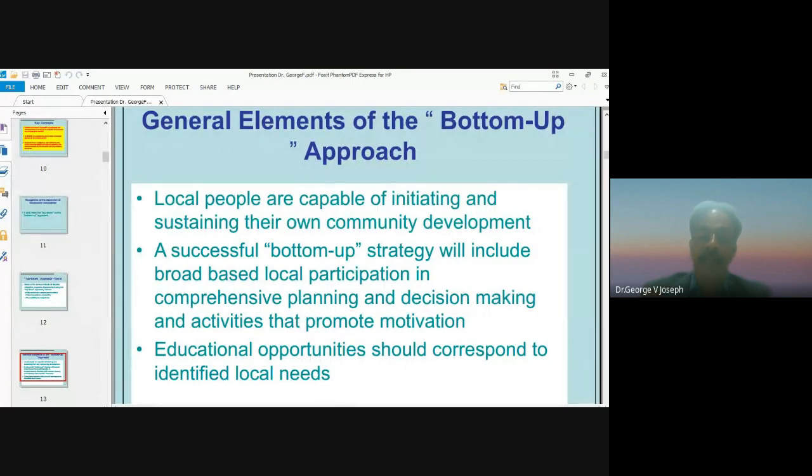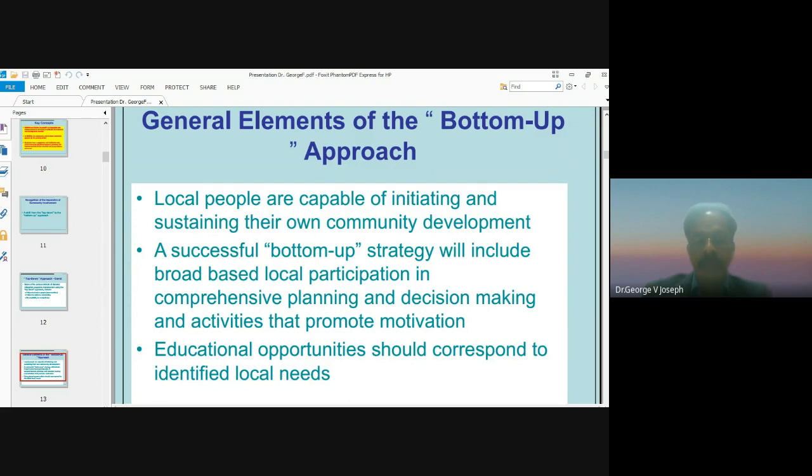Suppose they are planning to do some risk mitigation or risk reduction activities, then the needs of the local community are taken into consideration. But if you are using a top-down approach, the community very often is not consulted, so their needs and requirements are not normally met.